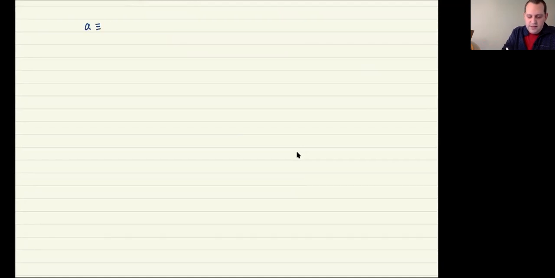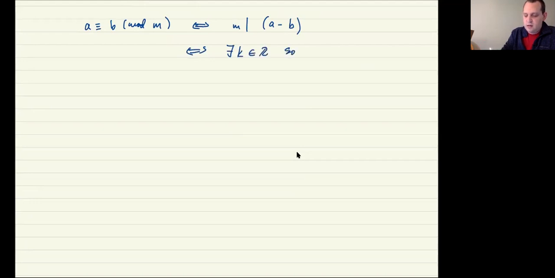But it turns out that a is congruent to b mod m if and only if m divides a minus b, which is to say that happens if and only if there exists an integer k so that a minus b is equal to mk, or equivalently, there exists an integer k so that a is equal to b plus mk.